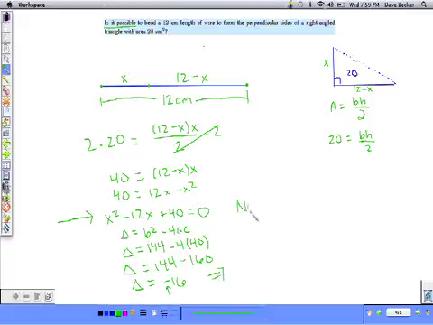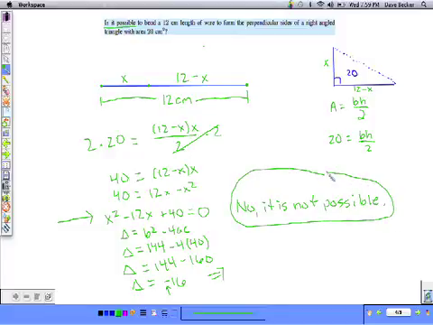No, it is not possible, would be my answer. And anytime you're asked something like that, you should answer in a complete sentence. So given all of this information, given all these parameters, it is not possible to form a triangle that has an area of 20.